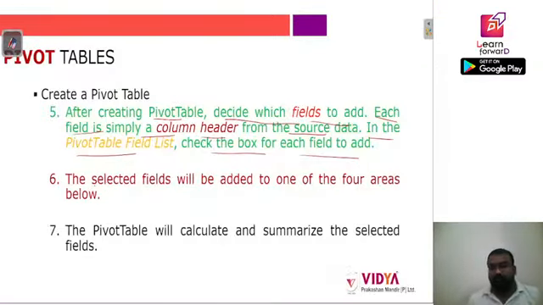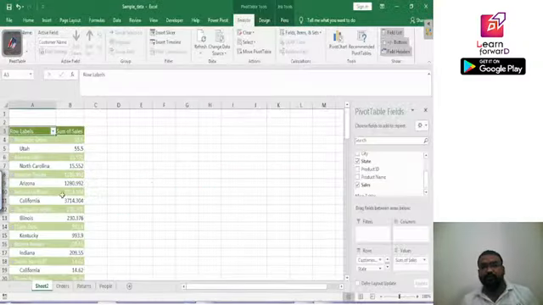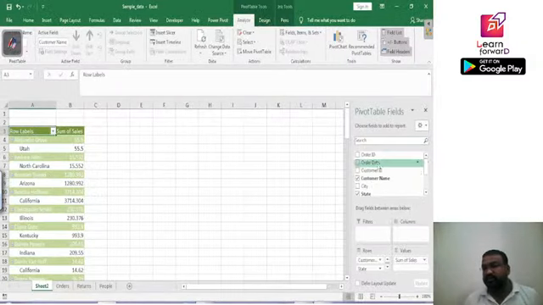Okay, now the selected fields will be added to one of the 4 areas below. We have seen that those areas are already added. Now the pivot table will calculate and summarize the selected fields. So it has already been created and that summarization has been done. So you can check that over here we are getting the summarization. Let's say I want only the states and the sales.